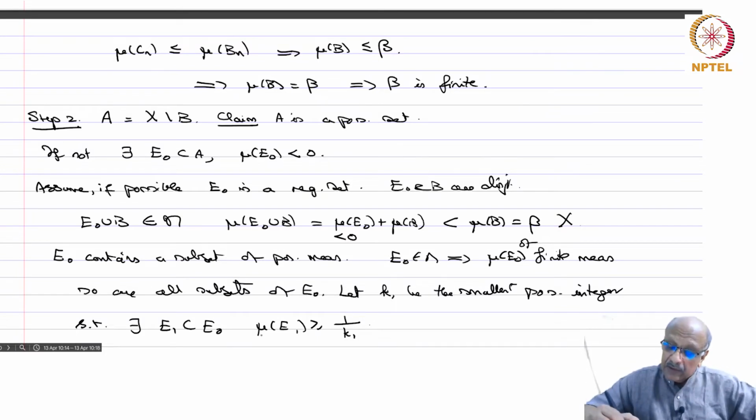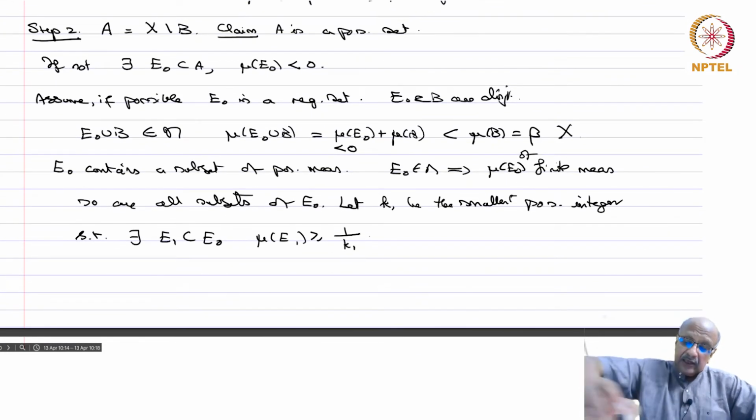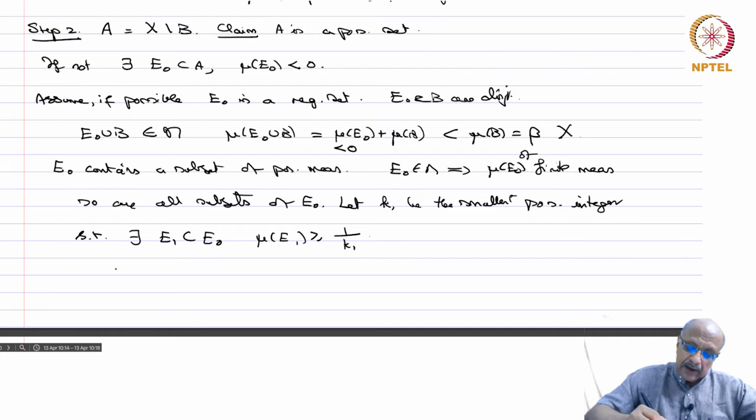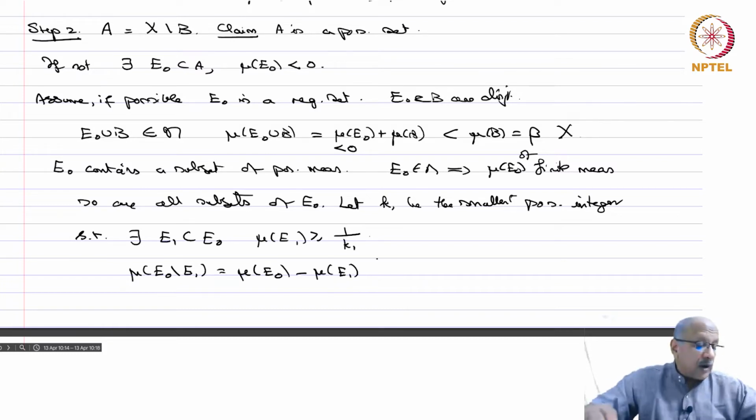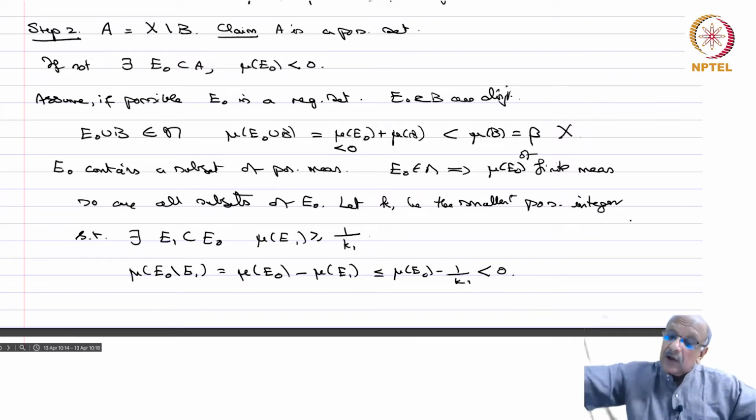Now you look at mu of E naught minus E1, which, since everything is finite, the subtractive property holds, is mu E naught minus mu E1, which is less than or equal to mu of E naught minus 1 by K1, and that is of course strictly less than 0, and of course it is contained in E naught.